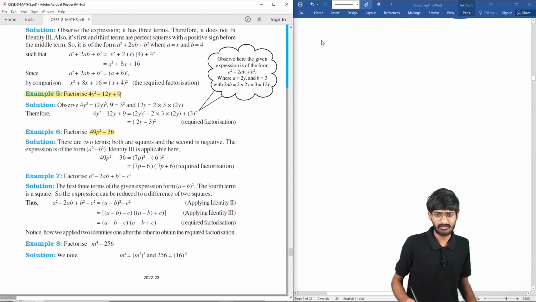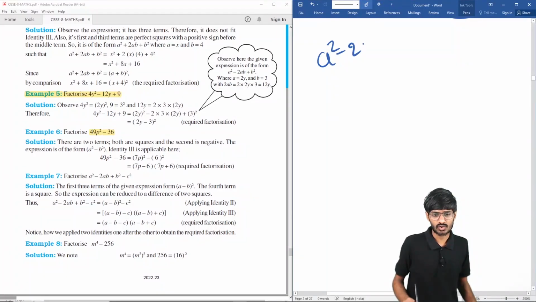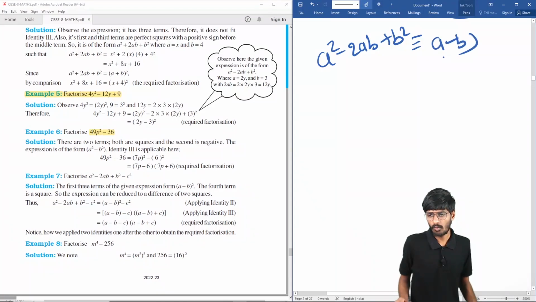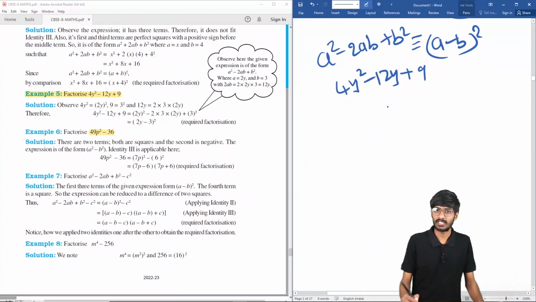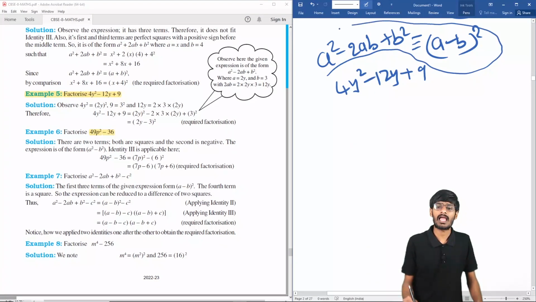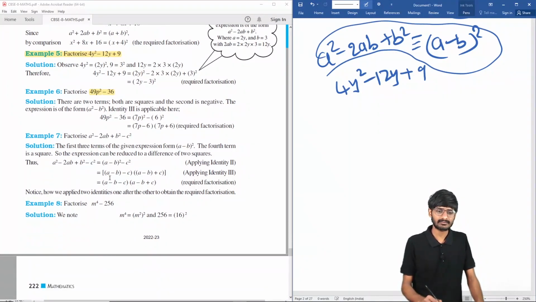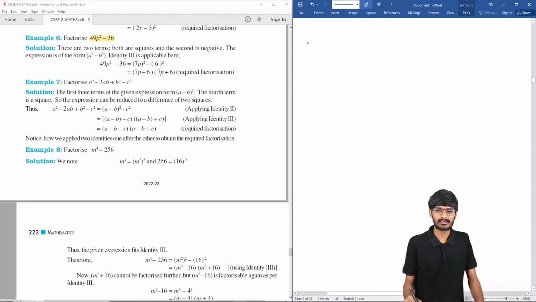The identity we are using is a square minus 2ab plus b square, which is identically equal to (a minus b) whole square. So this is the identity we are using here for 4y square minus 12y plus 9. Try to find out the value of a and the value of b. I am giving you the clue that this identity is used there. Okay, and I will do the 7th problem.